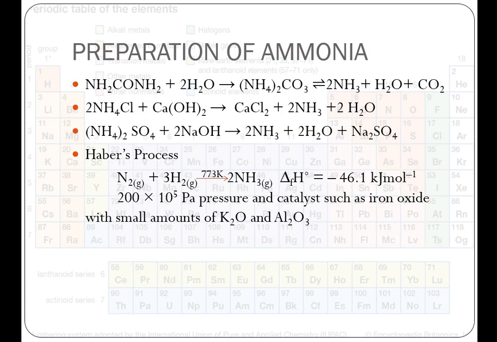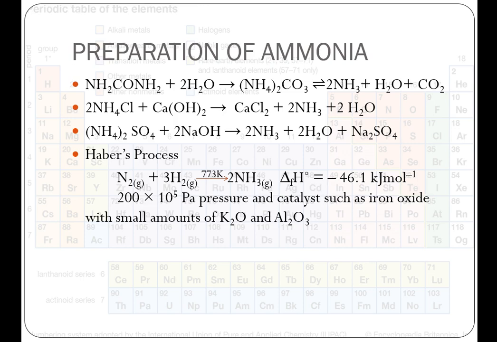Then we have preparation of ammonia. Ammonia is present in very small quantities in air and soil. There it is produced by the decay of nitrogenous organic matter such as urea. You can see the reaction.